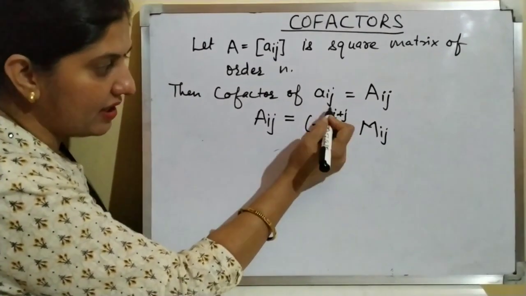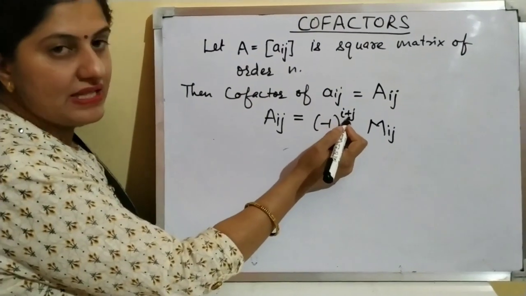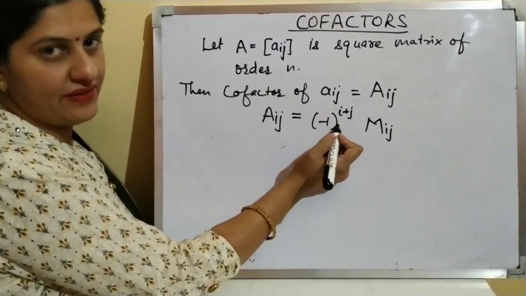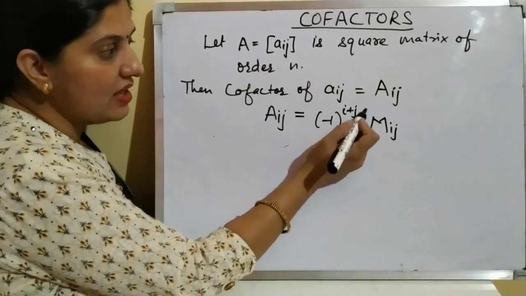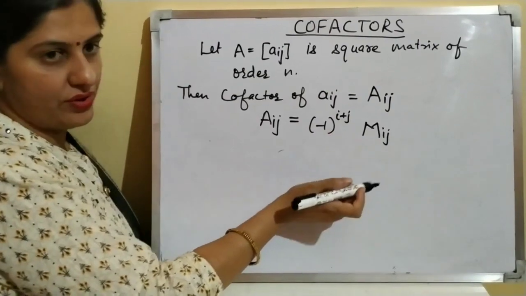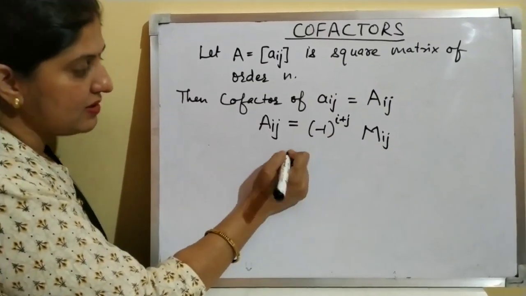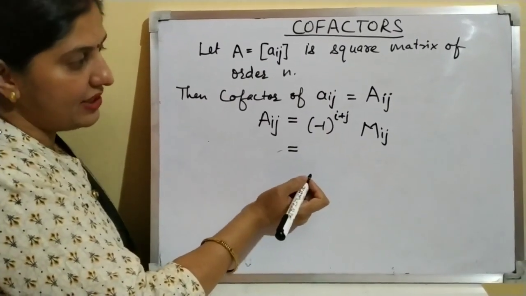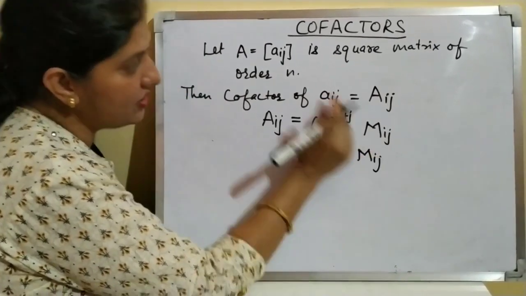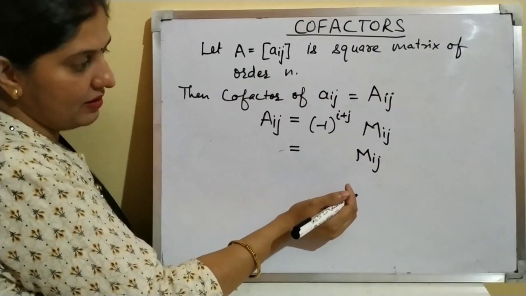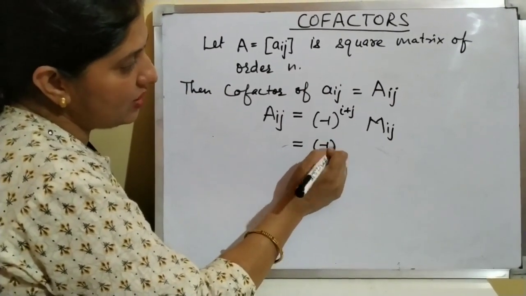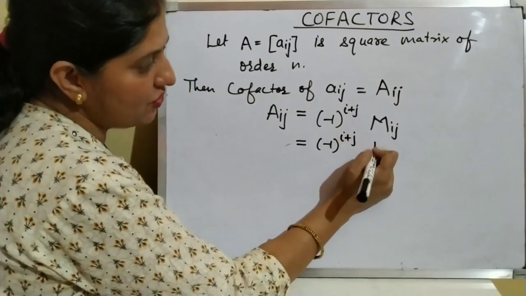After simplifying -1 to the power i plus j, we get either positive sign or negative sign, according as i plus j is even or i plus j is odd. Means you have to calculate minor of element Aij and just multiply it with -1 to the power i plus j.